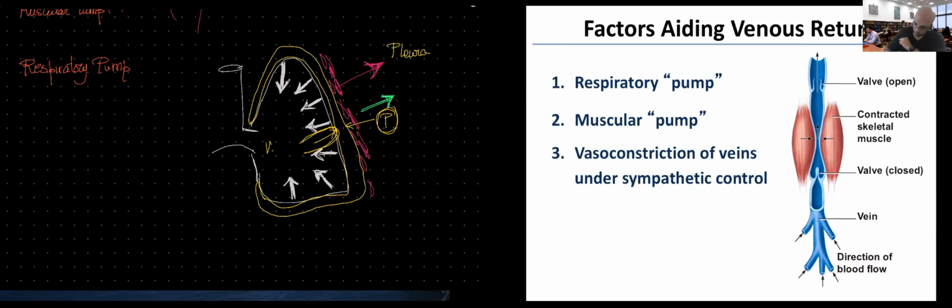One layer, the visceral layer, is going to be trying to move in because it's attached to the lung tissue. The other layer, the parietal layer, is attached to the thoracic wall, the inside of the chest. And the chest wall tends to expand, tends to move out. So the parietal layer is going to be trying to move out, away from the lungs. So one is trying to move in, one is moving out.